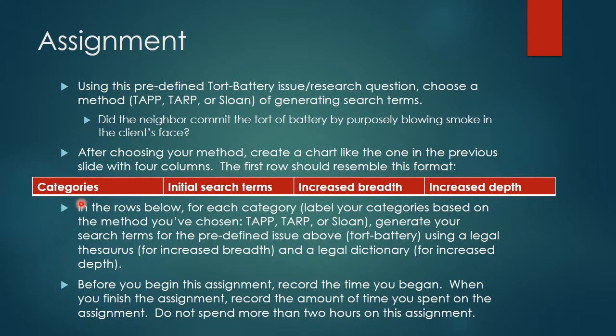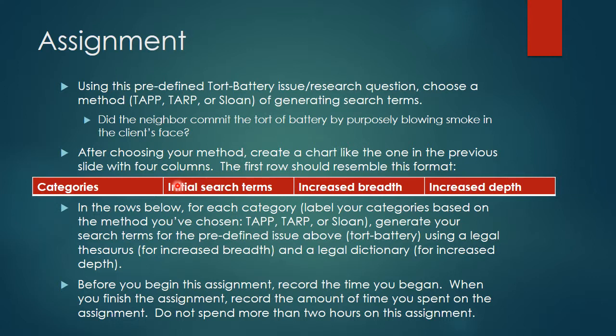So if you are going to use the TAPP method, your first category item is going to be things, and then the next one would be acts, and then below that would be persons and places. If you're using the TARP, you would put those categories in the rows below. Then you're going to go over here and do initial search terms.